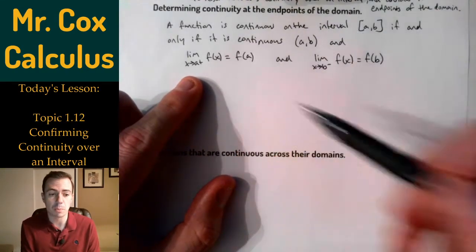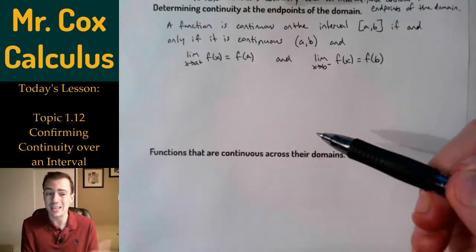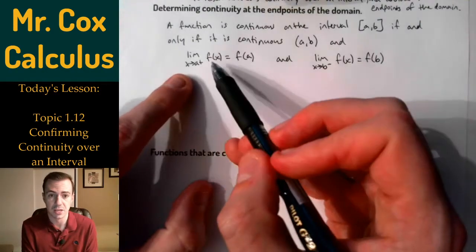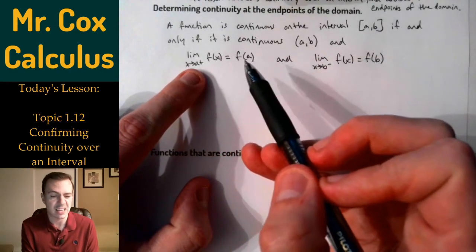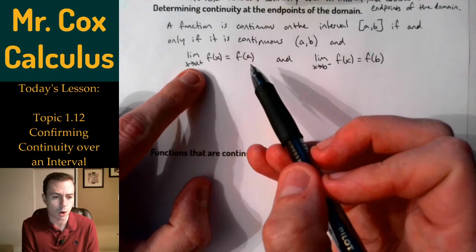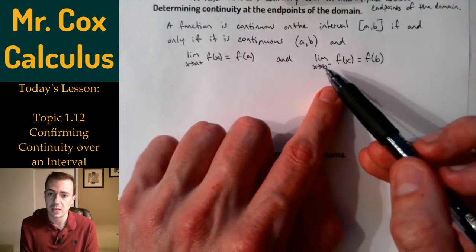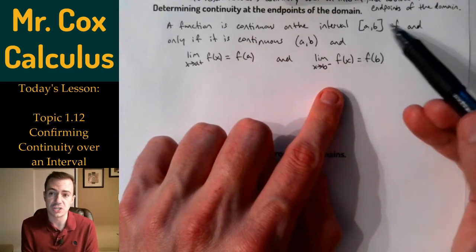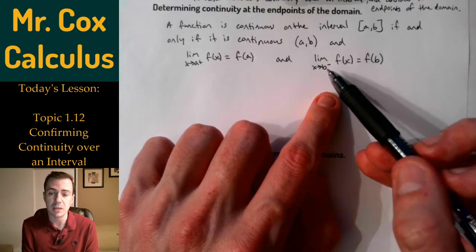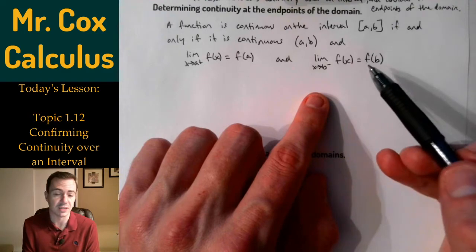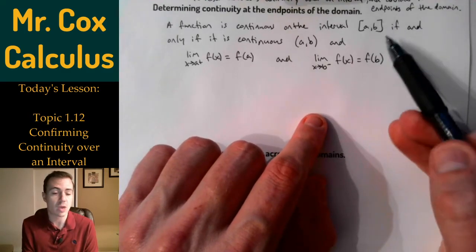So we want to approach it from the right because there is no approaching it from further left. So if we approach a, the left endpoint, from the right, and it equals the function value at a, we're okay with continuity. If it approaches b, which is the rightmost endpoint, so there's nothing to the right of b, if the limit as x approaches b from the left is equal to f of b, you're okay with that rightmost endpoint.